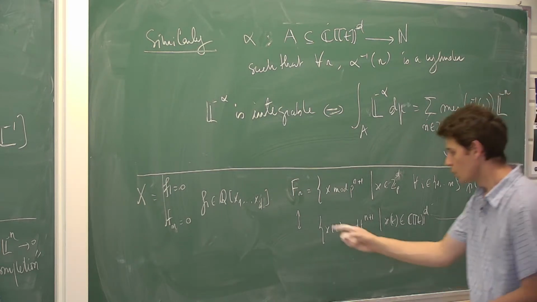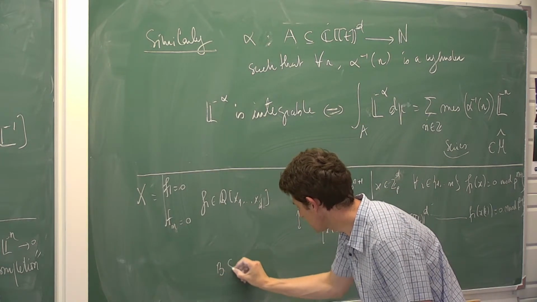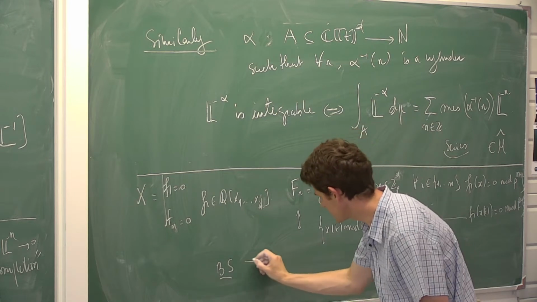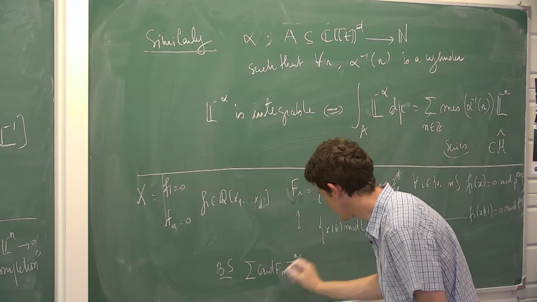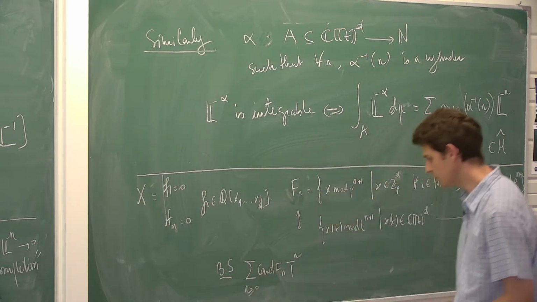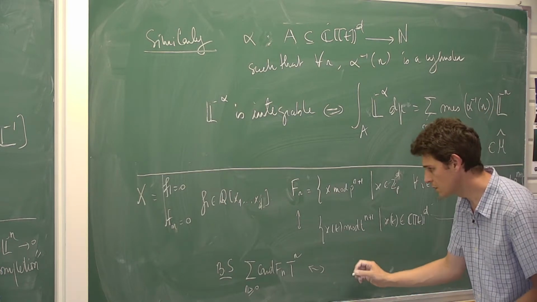Okay, so the Borevich-Safarevich problem was to consider the sum of the cardinal of F_n T^n for n positive. Then you can consider the analogy in the motivic setting.